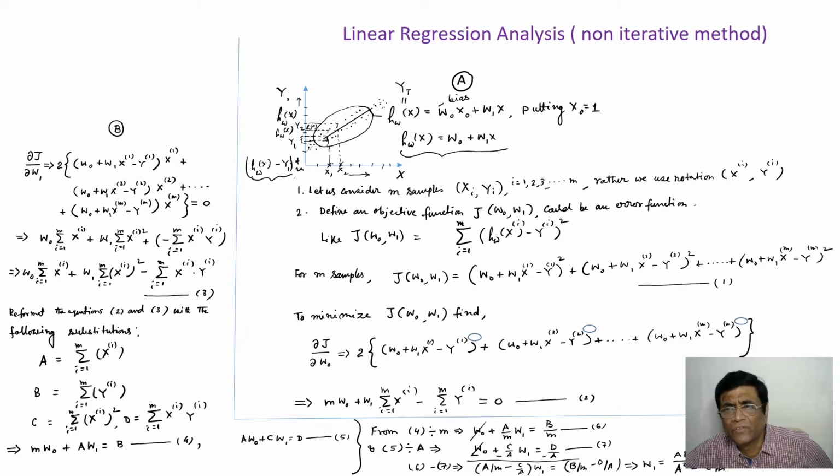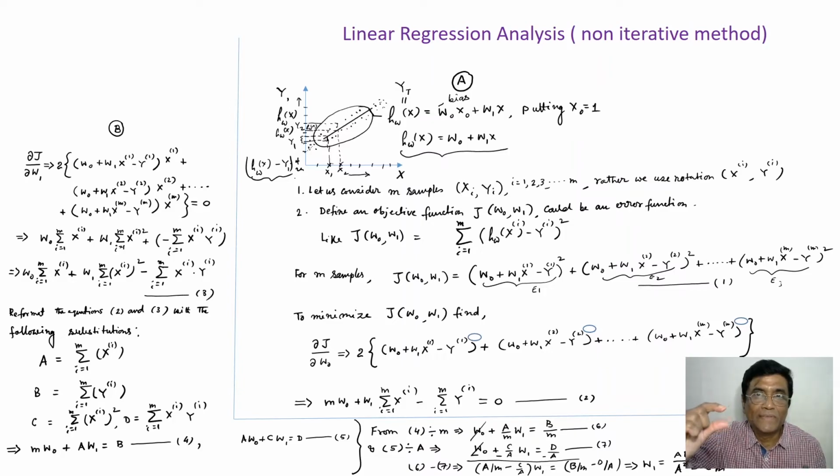For each sample, you are able to calculate this error. Say error 1, error 2, and they are all positive. So you have this function now, and I am calling it a multivariable function J(w0, w1), which contains my parameters. And your objective is now how to minimize that error, right? If you can minimize that error, then the error between your predicted value and the ground truth will be smaller and smaller. So you have the best design.